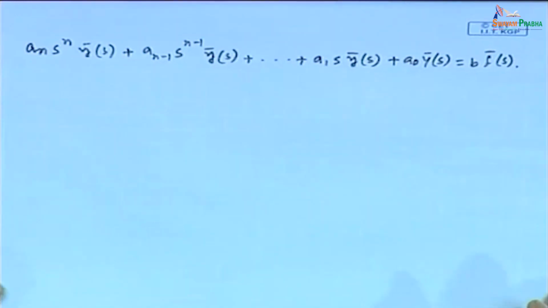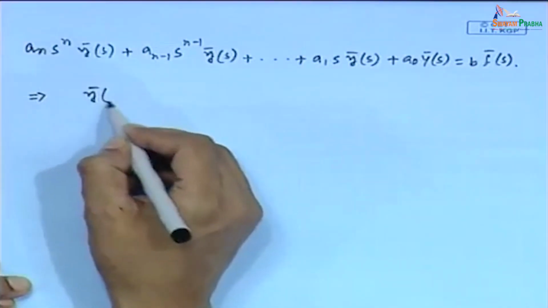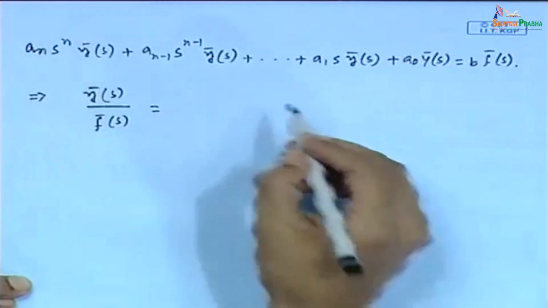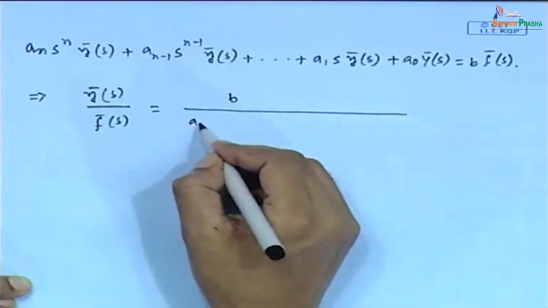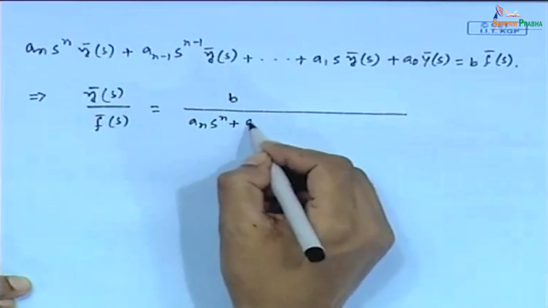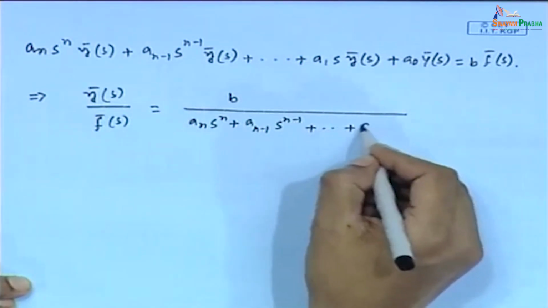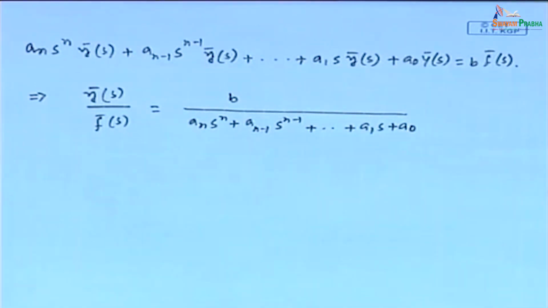If we take the Laplace transform of the linear or linearized nth order differential equation, we get this. Now, we can rearrange this equation like this: y bar(s) over f bar(s) equal to b divided by a_n s^n plus a_(n-1) s^(n-1) and so on, plus a_1 s plus a_0.